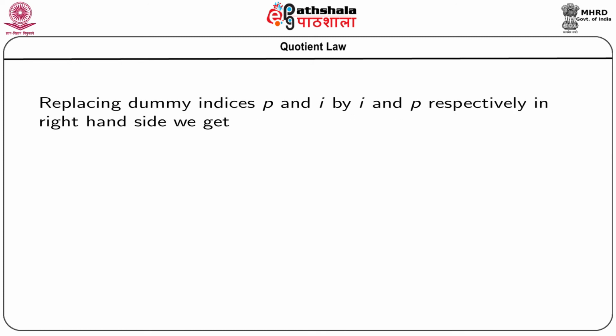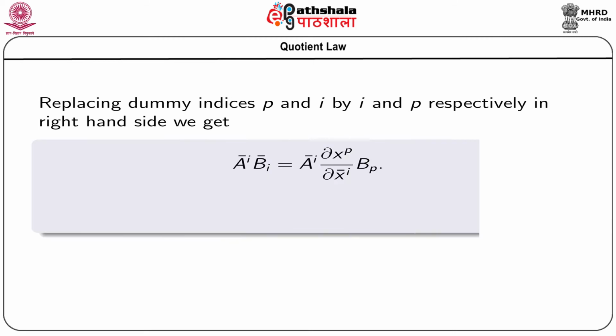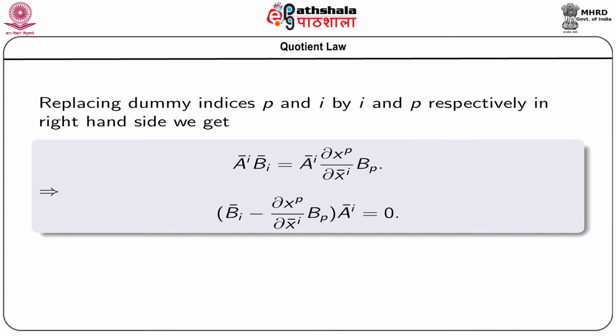Now, replacing dummy indices p and i by i and p respectively on the right hand side, we get A bar i B bar i equals A bar i del xp del x bar i Bp. So, we can write this expression in the following way: (B bar i minus del xp del x bar i Bp) A bar i equals 0.